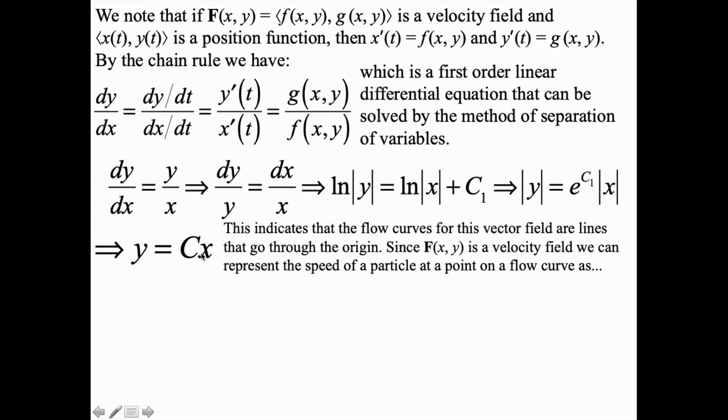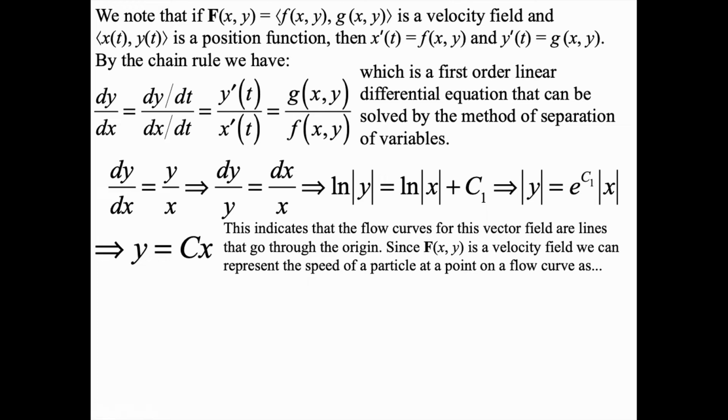So the point for us is that this indicates that the flow curves, that is, the curves along which the vectors in the vector field illustrations are following, are lines that go through the origin. We recognize y equals a constant times x as a family of lines that go through the origin.